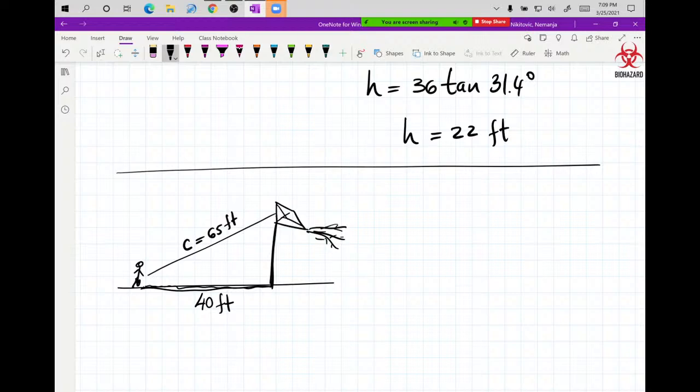Like, first of all, kid is not even, like, what, 5 feet at most? So a kid is not going to be measuring his or her height precisely in the air. But once the kite is flying, you can tie it to a stake or something in the ground, and then you can measure the length of the shadow. That's much more appropriate problem to have.